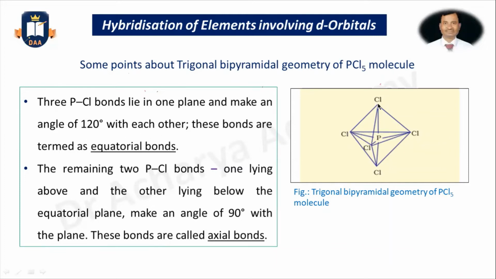So for the remaining 2 bonds, one is above and one is below the plane. This is 90 degrees, this is 90 degrees and this is also 90 degrees. And these 2 bonds are called axial bonds.